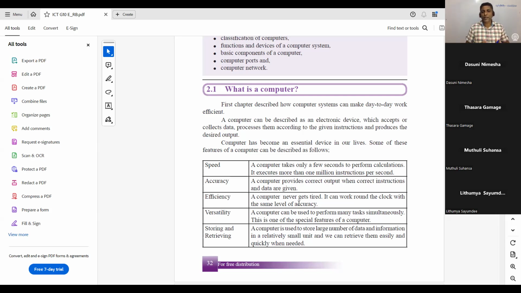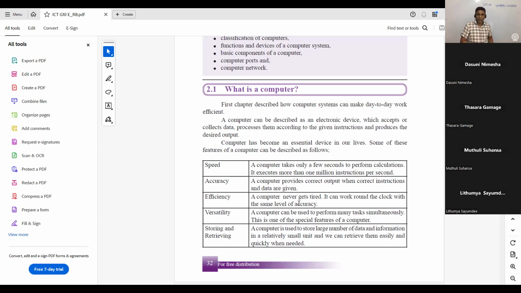We need to maintain the correct temperature, right? If the environment temperature gets hot or exceeds the limit, the computer may start malfunctioning or it might stop functioning, right? It's not only about over-temperature, it won't work under-temperature also. Like Tata Radhum, you might have experienced the minus values, right?